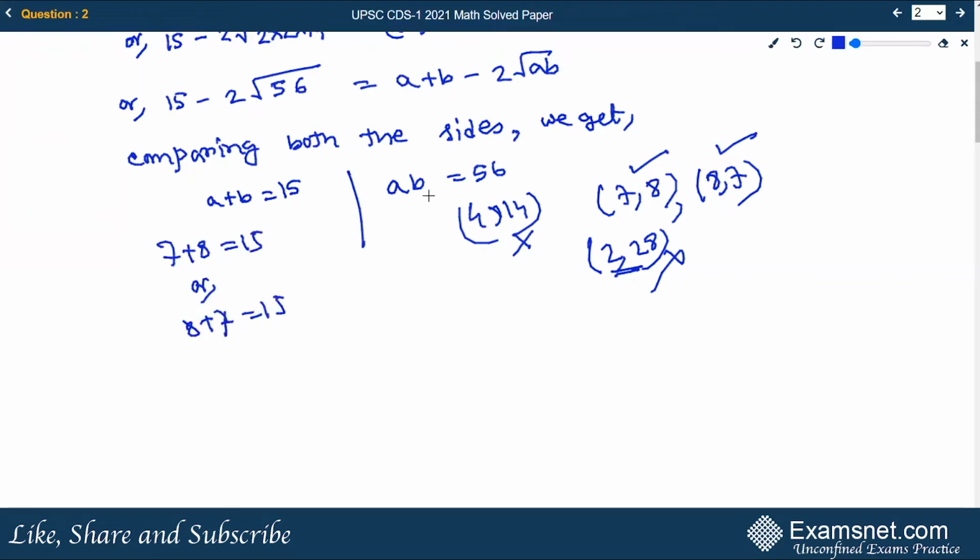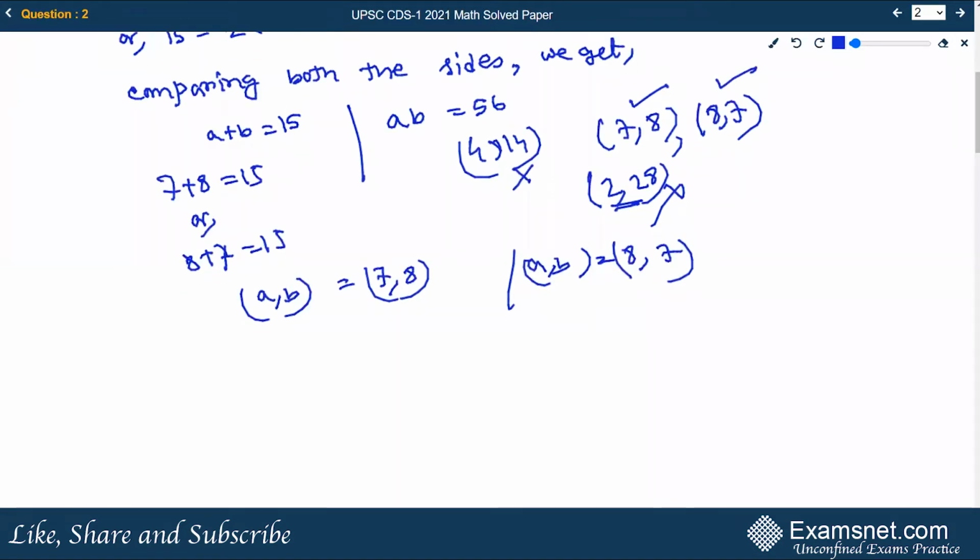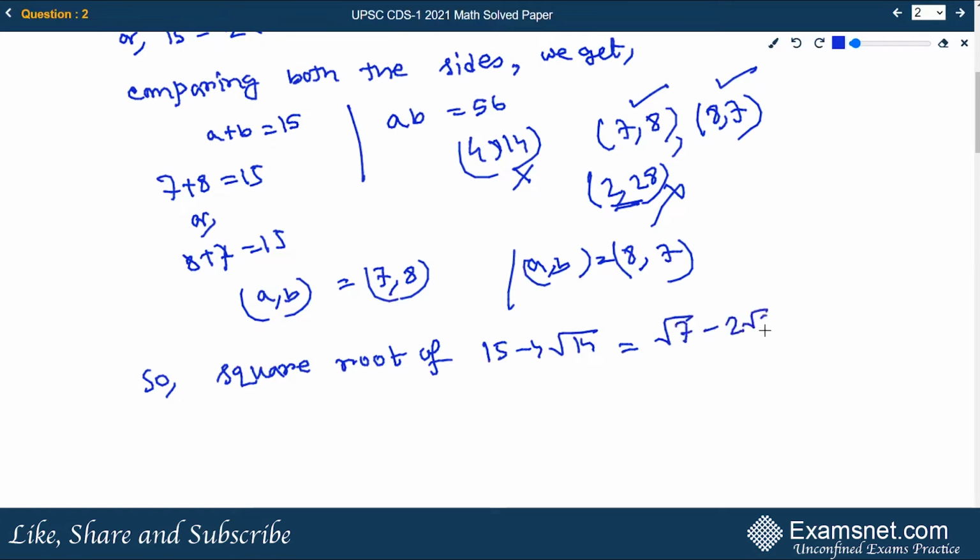That means by observing the situation, we can say A, B is either 7 comma 8, or 8 comma 7. So the square root of 15 minus 4 root 14 equals, if A is 7 and B is 8, then root 7 minus 2 root 2, or if A is 8, then 2 root 2 minus root 7.